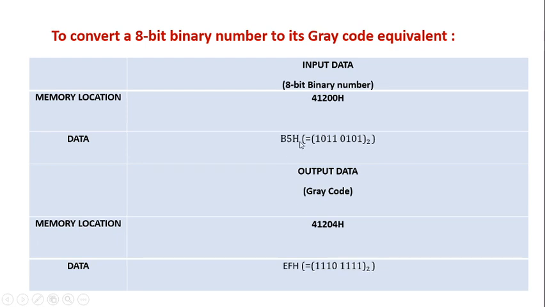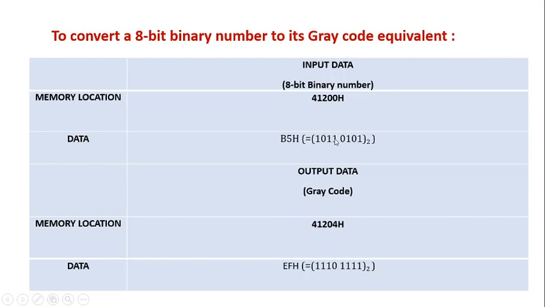B5 input we have taken, 1 0 1 1 0 1 0 1. So if we have to get its gray code, the MSB is the same, 1 only. For getting the second bit we have to XOR this and this, so 1 XOR 0 dissimilar, so 1. Then for the third bit we XOR 0 and 1, dissimilar, so 1.